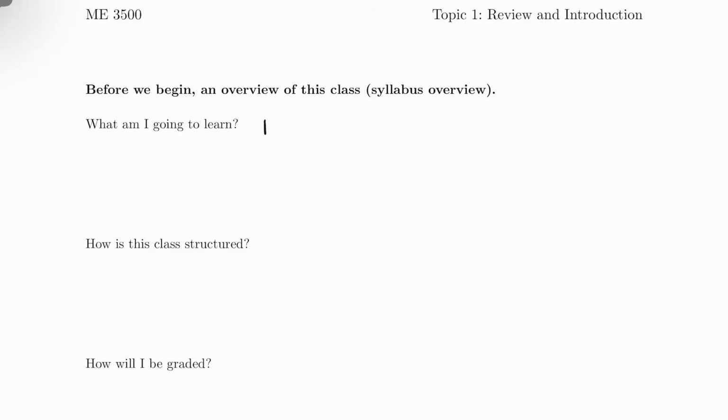So we're going to learn about fluid mechanics, as well as heat transfer. And the split is pretty much 2/3, 1/3 for this class in terms of the partition between fluid mechanics and heat transfer.